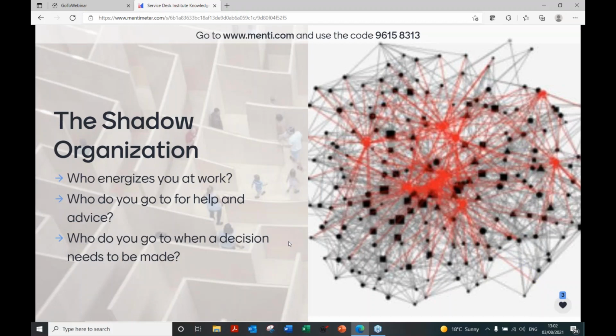And they found some interesting stuff. The first thing they found was that the top 10 people, not the top 10%, but the top 10 most connected, most influential people in their organization influenced 70% of the workforce.